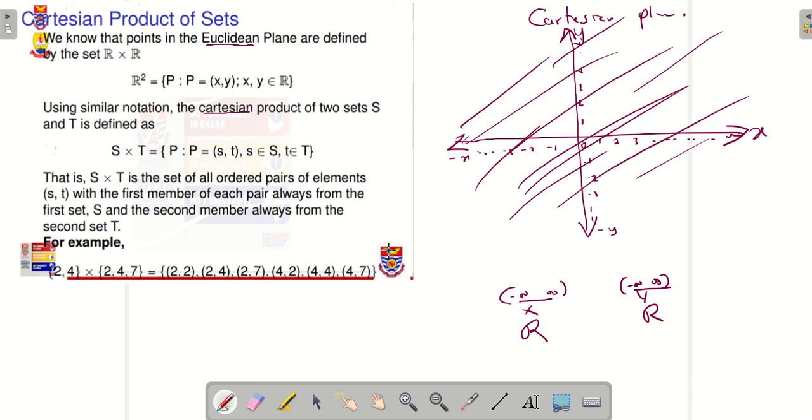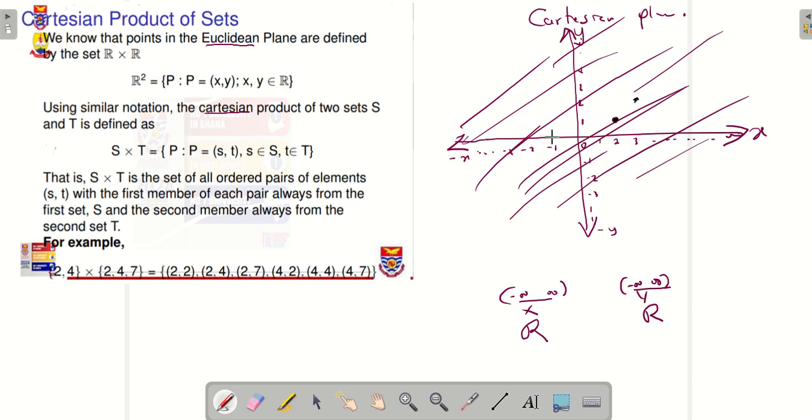And in this plane, we can have an infinite number of points. For example, I can have a point like (2, 1). I can have another point like (3, 2).